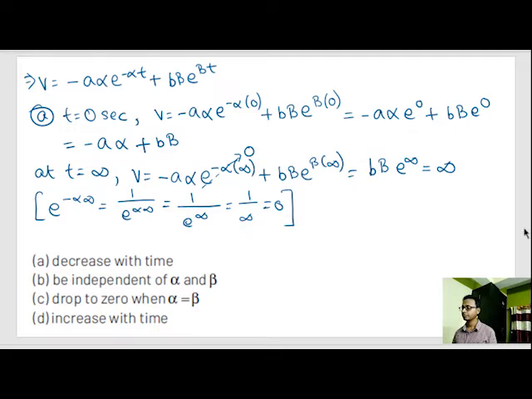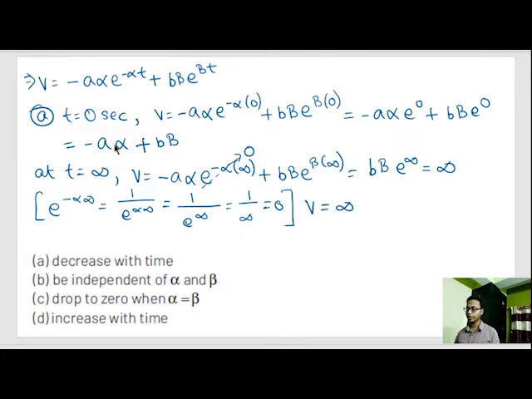Okay, so our velocity at time t is equals to infinity is equals to infinity. Now let's take the two values of velocity we obtained. Velocity at time t is equals to 0 is equals to minus a alpha plus b beta. Velocity at time t is equals to infinity is equals to infinity.